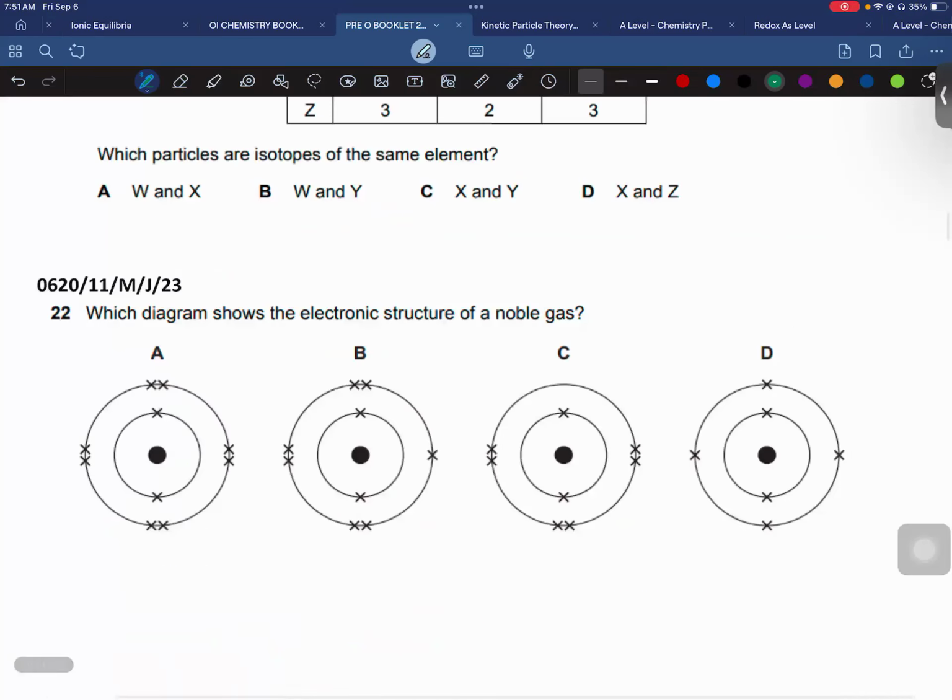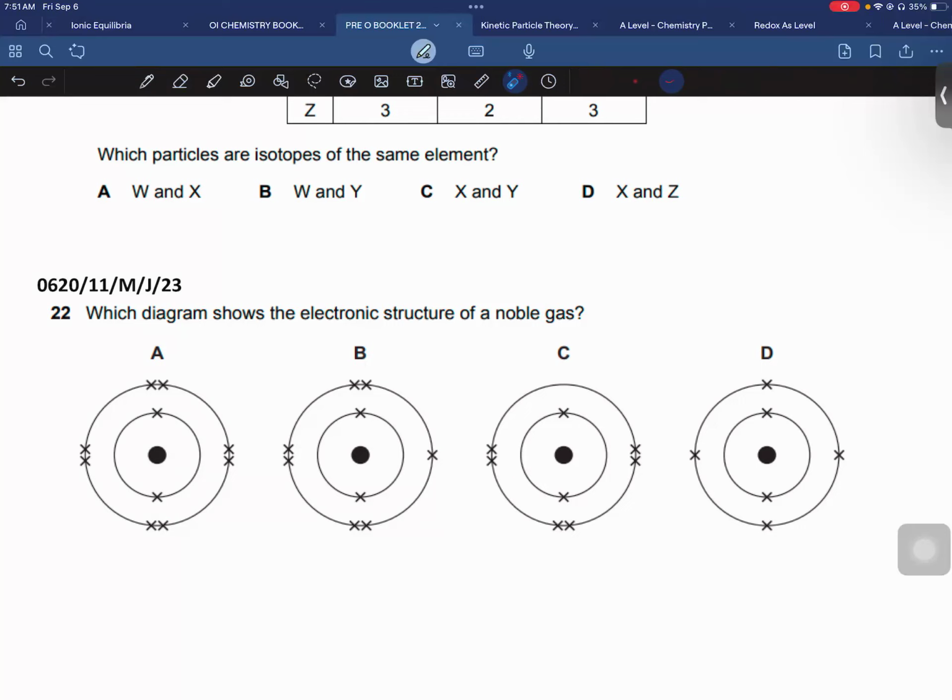Which diagram shows the electronic structure of a noble gas? A noble gas is going to be in group 8. Noble gases are from group 8, whose outer shell is full.